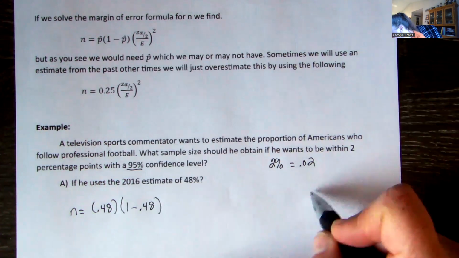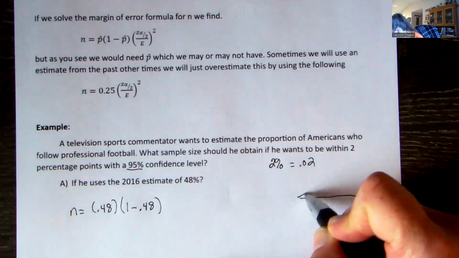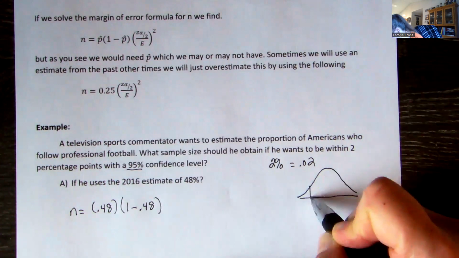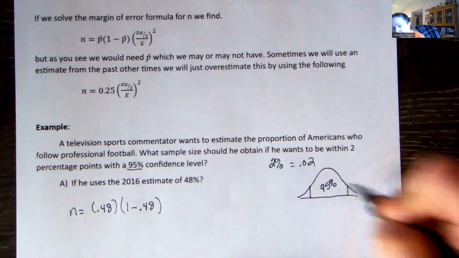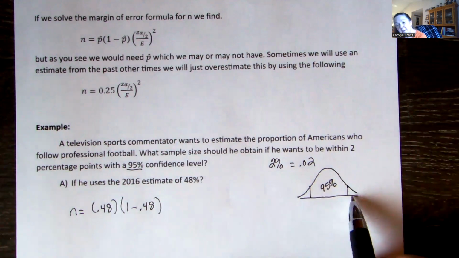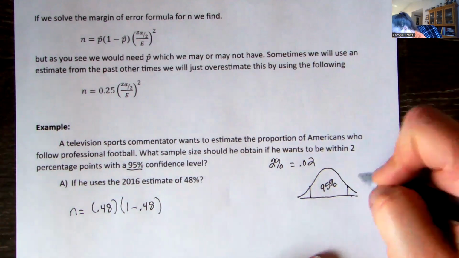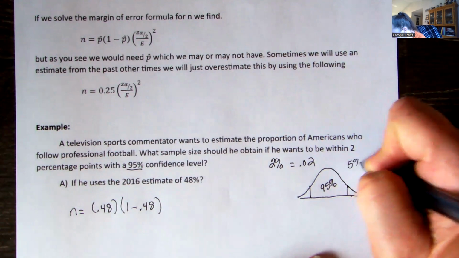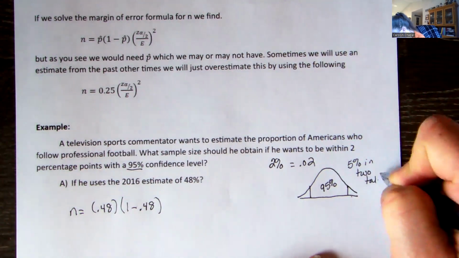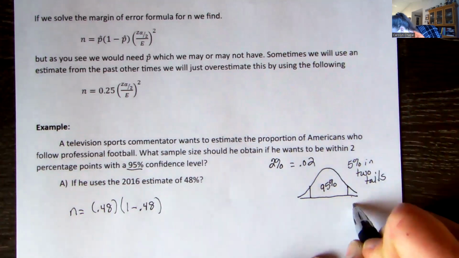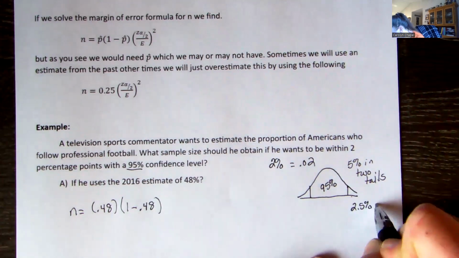So remembering, we're doing a 95% confidence. That's what the guy wanted. So that's 95% in here, which means there's 5% in both of these tails, so 5% in 2 tails, or 2.5% in 1.